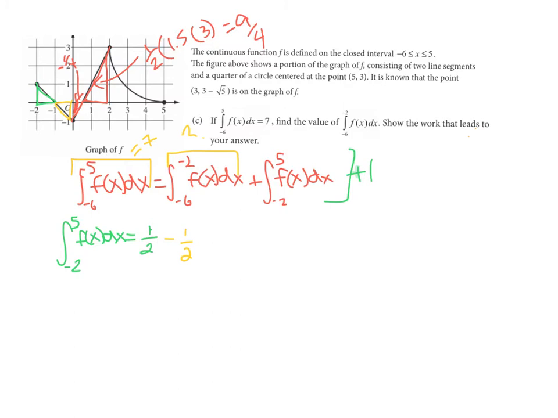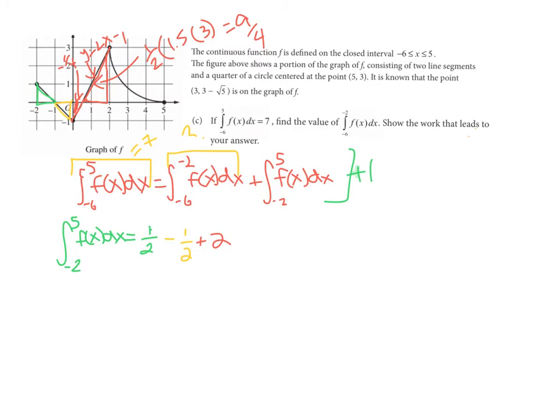The other way to do this is you can figure out that this is a line that has the equation y equals 2x minus 1. If you find the integral from 0 to 2 of 2x minus 1, you will get the same answer. You're going to get 2 whichever way that you do it. So it's up to you how you want to do that.